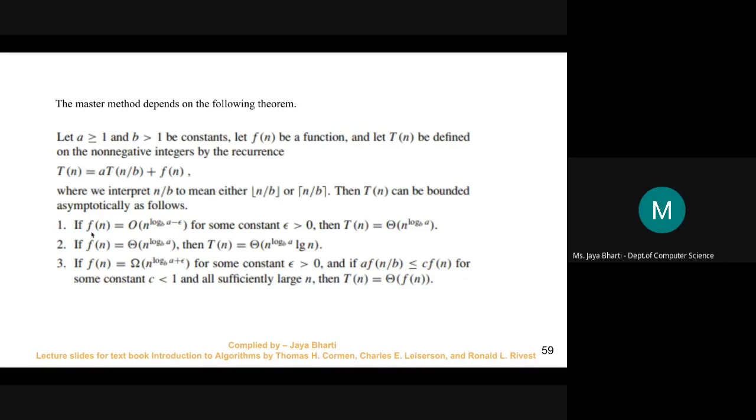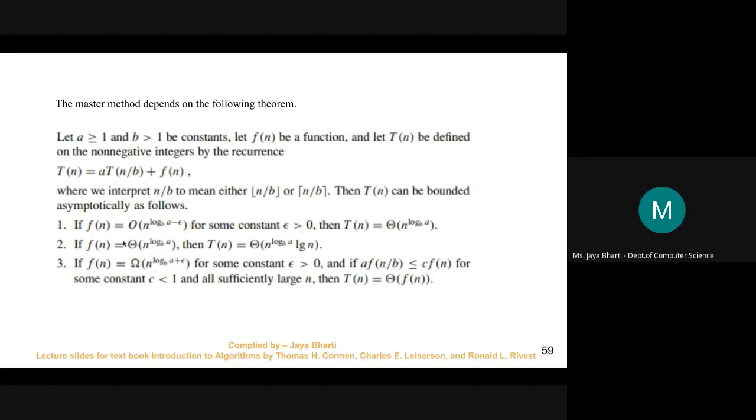The first case is if f of n, the cost of dividing the original problem into sub problems and then combining the solutions of sub problems into one solution, is equal to big O of n to the power log a base b minus epsilon, for some constant epsilon which should always be greater than 0.